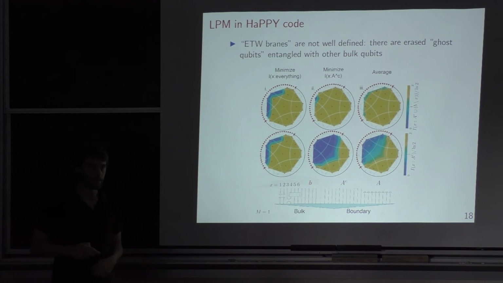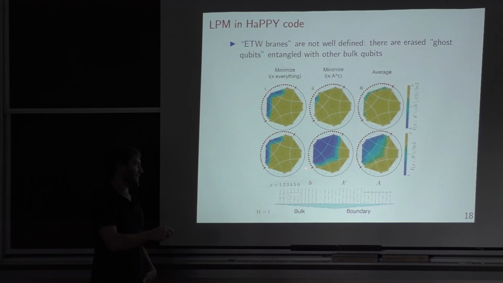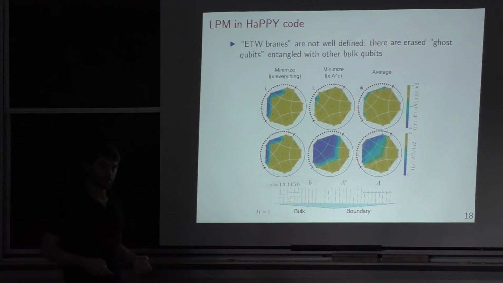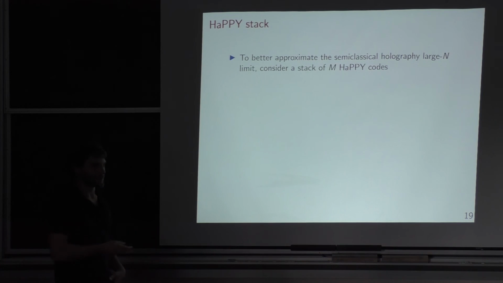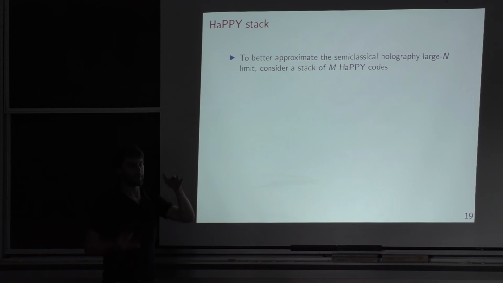That's what you meant by finite N? In this case, it's an order 1 number, and so it's finite N. What I mean by large N is that you have many more boundary legs than bulk legs. Yeah, N to the 0 and N to the 1. Essentially, yes. And so there is a way you can do this, which is considering a stack of happy codes.